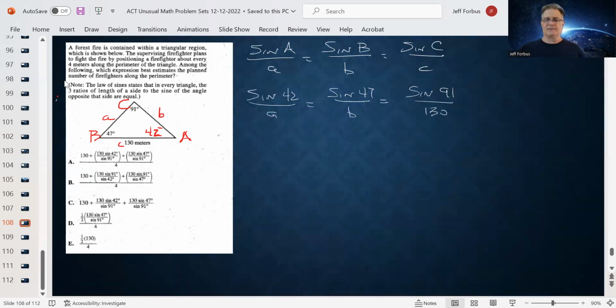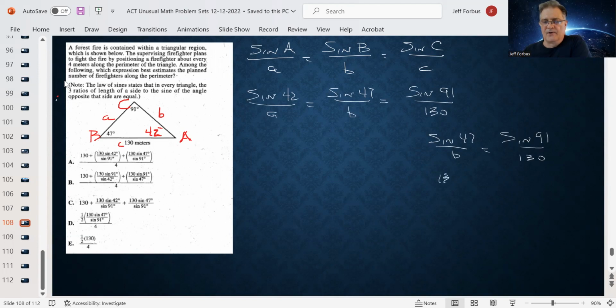Now we're going to use sine of 91 over 130 and set up proportions here to solve for sides A and B. I'm going to start with just solving for B. So sine of 47 degrees over B is equal to sine of 91 over 130. Now you can cross multiply and divide.